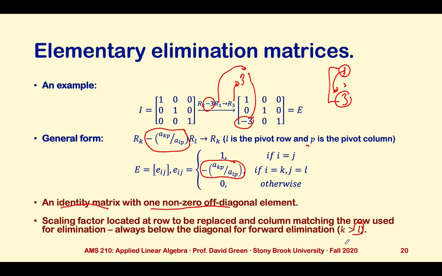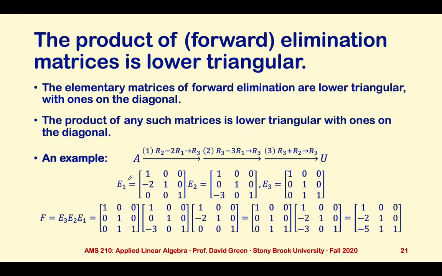The pivot row is always above the target row. l will always be less than k. This means that this entry in the context of forward elimination is always below the diagonal, as we have in the example. Right? So we have an example that gives a feeling for what these look like and a general form that we can generalize to.